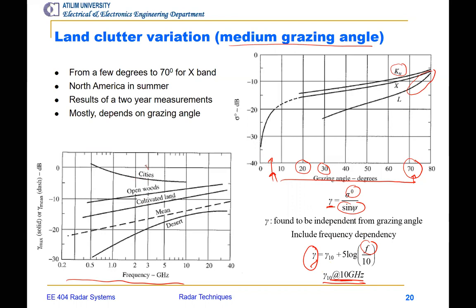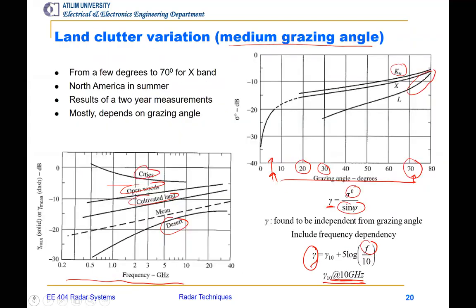varies for cities, open woods, cultivated land, and desert. You see it's quite low for desert, high for cities, and its mean value somehow starts from minus 25, goes up to minus 10 dB.